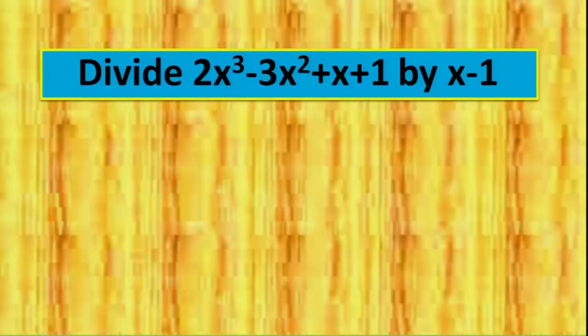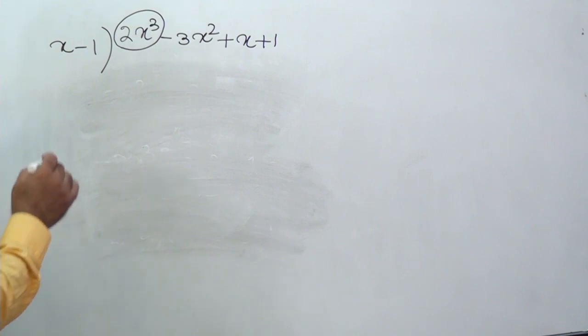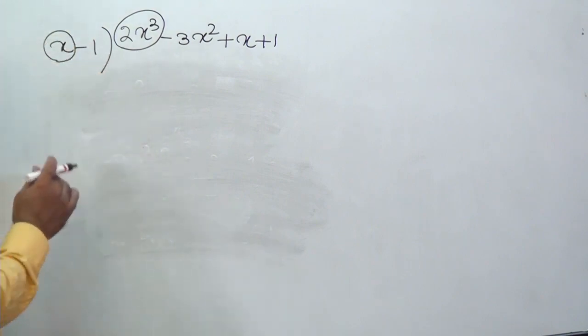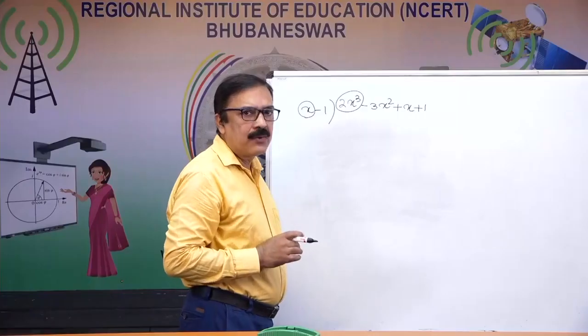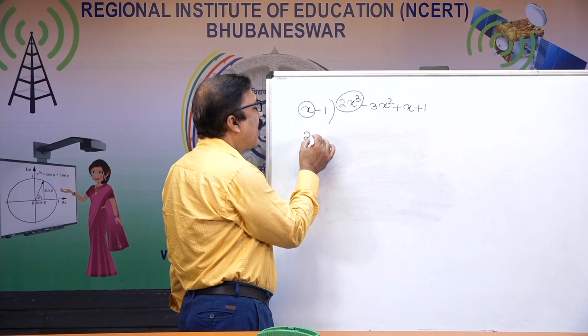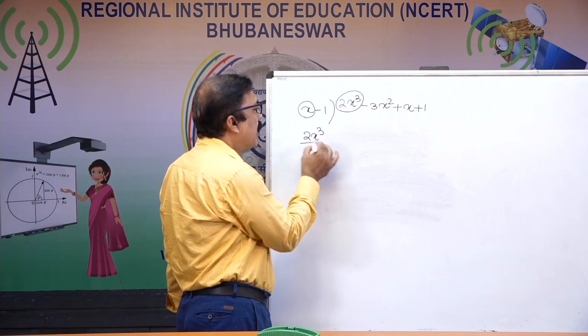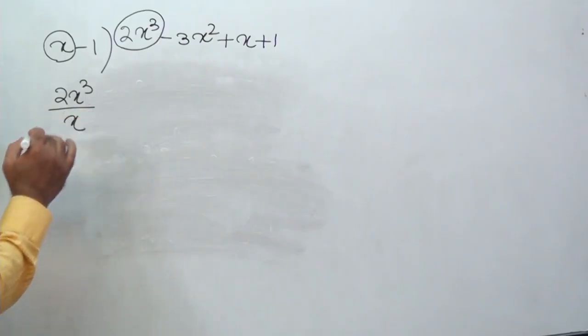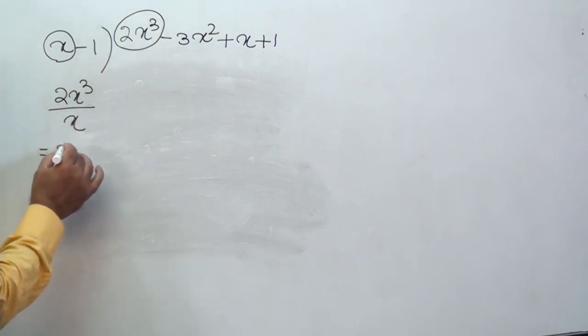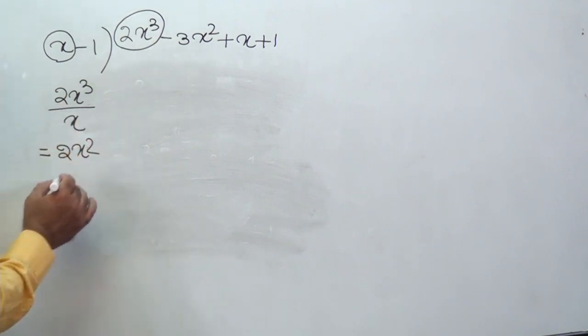Now identify the first term of the dividend and the first term of the divisor. To get the first term of the quotient, we divide the first term of the dividend by the first term of the divisor. Clearly it is 2x square.